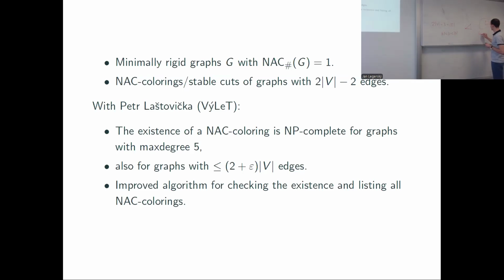I define G red: I keep the vertices of the original graph, and now I take the red edges. And I do the same for blue edges. And now I look at the connected components of these two graphs. It's a NAC-coloring if and only if the connected components are induced subgraphs. So this is something you can check any time.